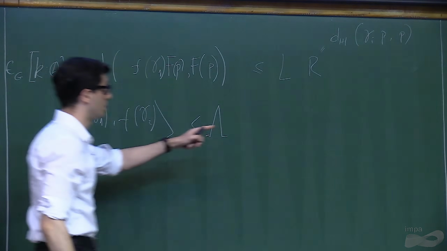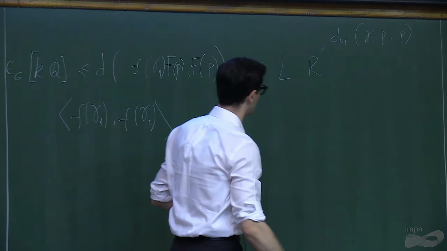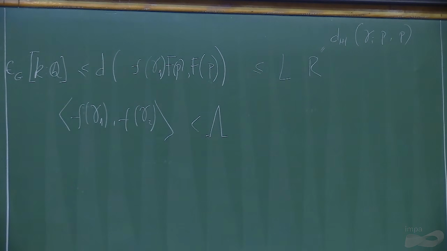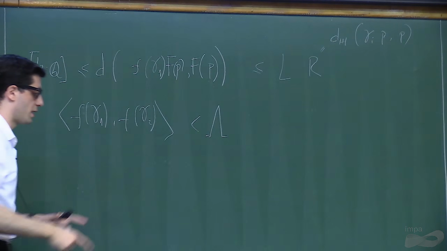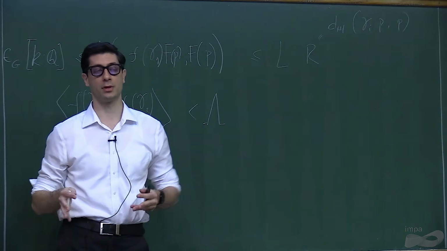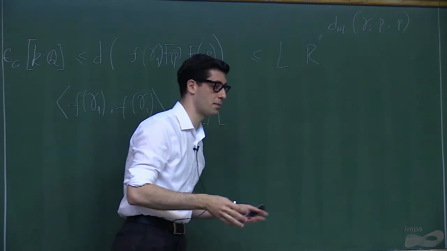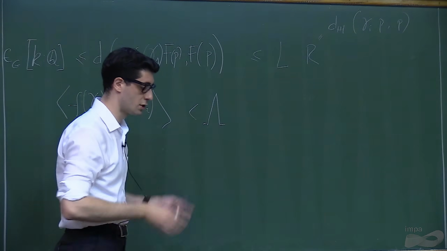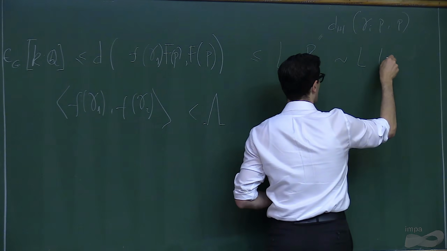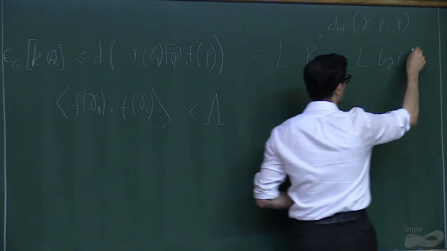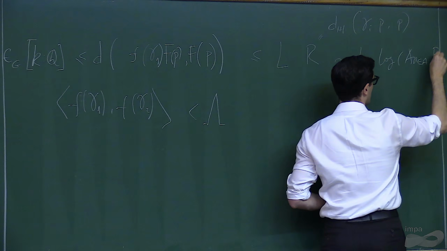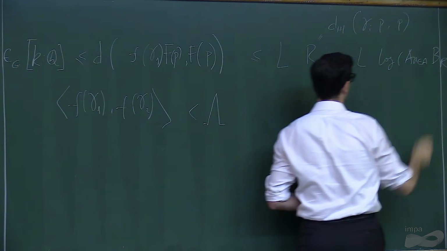And as I said, this R depends on the geometry of the fundamental group of your gamma. So this is the radius of a ball. And because the area of a hyperbolic disk is pretty much exponential in its radius, you can think of this as being L times the log of the area of the disk of radius r in the hyperbolic plane.